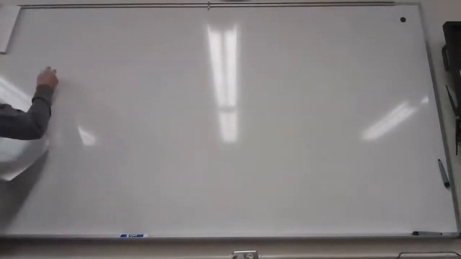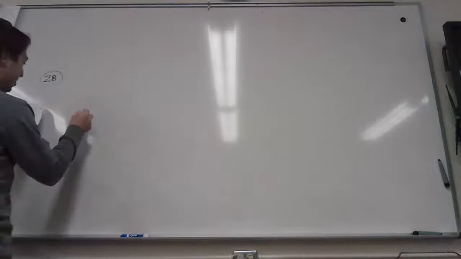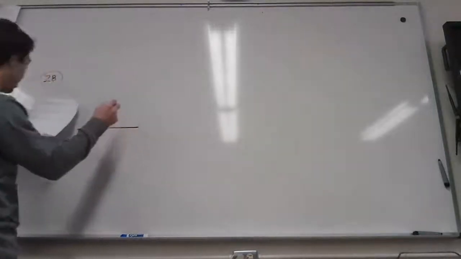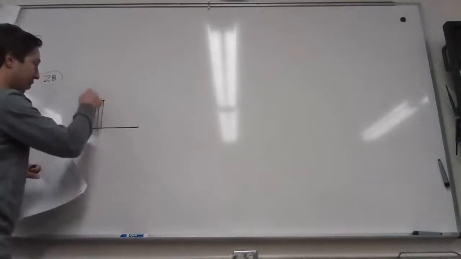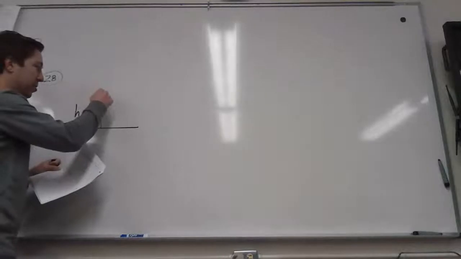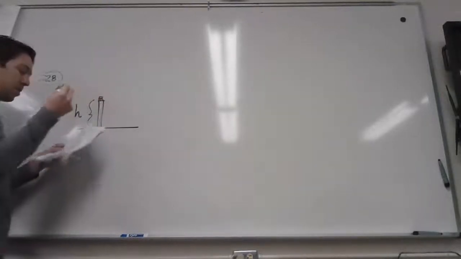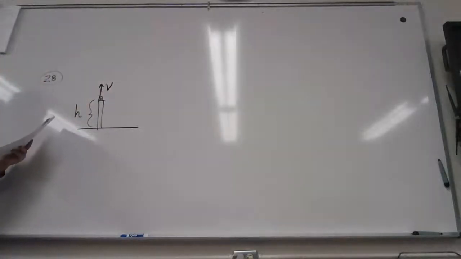Okay, so 28. So this basically is a question saying, can you derive a general relationship between the quantities involved? If you've got a platform of height h, and a cannon pointed straight up, it's going to fire the cannonball out with some velocity v, and we're going to answer two questions.